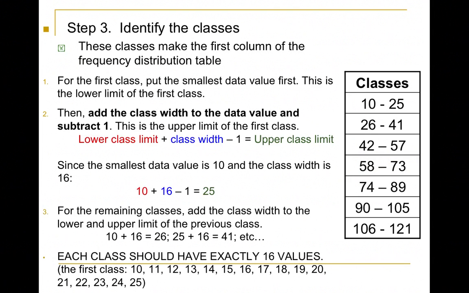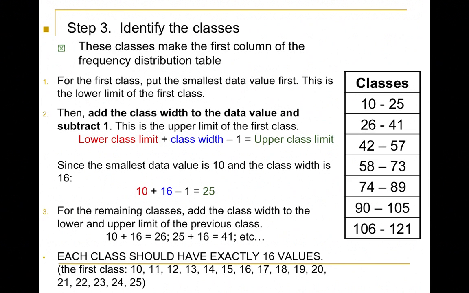Okay, so each class should have exactly 16 values. When we constructed the class width to be 16, we are identifying the fact that every class has exactly 16 values.